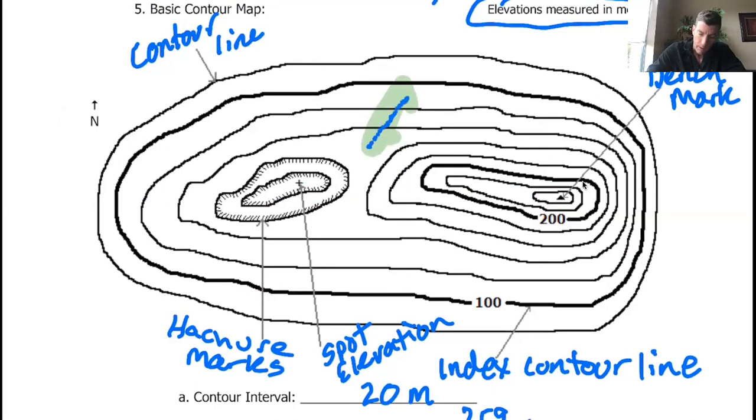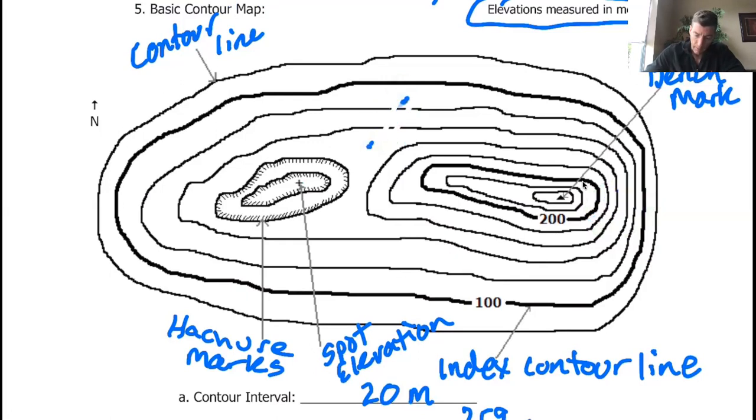But if you go over here and walk the same amount of space, look at how much my elevation changes. I've hit 100, 120, 140, 160, 180, almost 200 very quickly. That's steep. So we're going to call this the eastern half, or eastern quarter, of the map that's showing us this steepness.